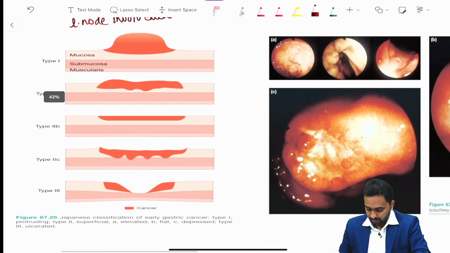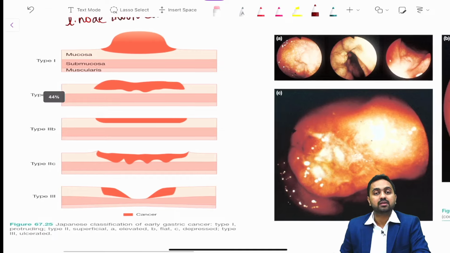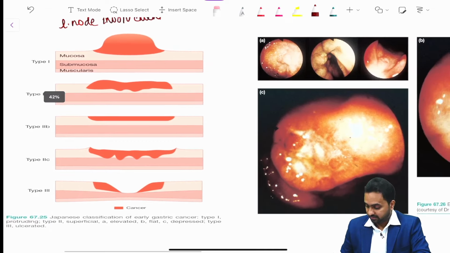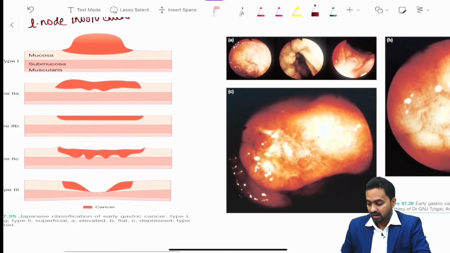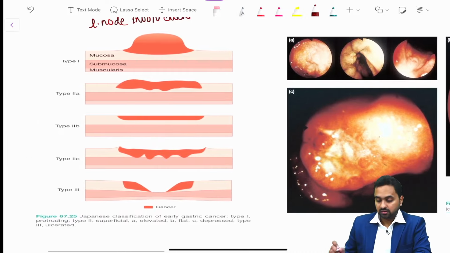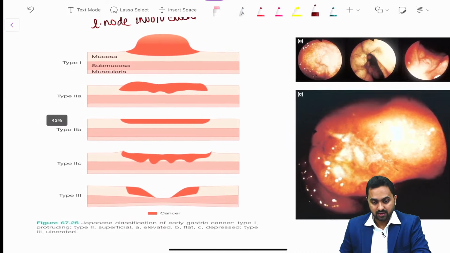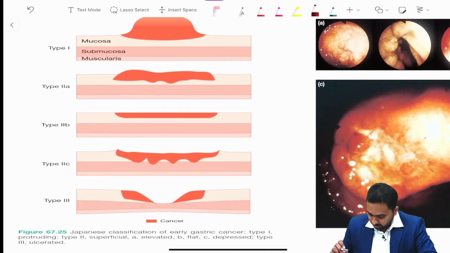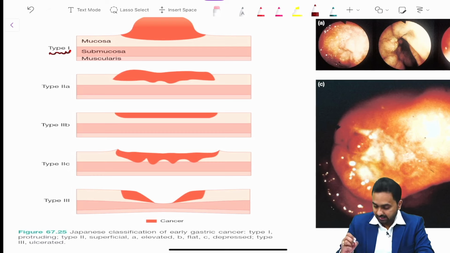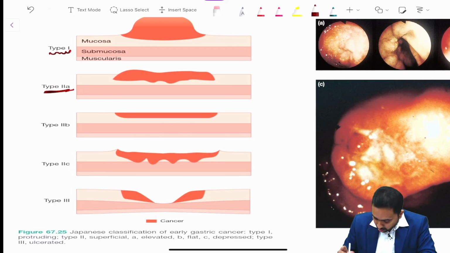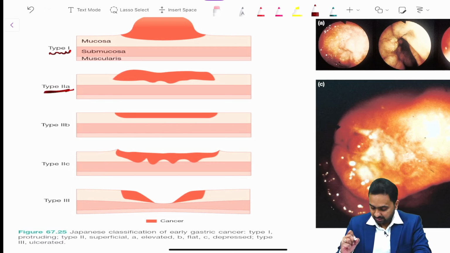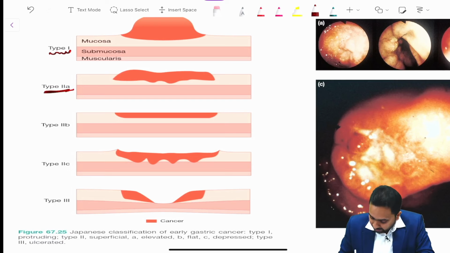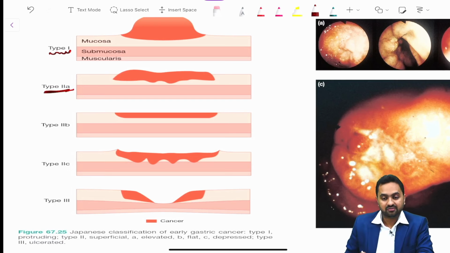On the left hand side, we have the diagrammatic representation of the Japanese classification, and on the right hand side we have endoscopic images of the various types of early gastric cancer. In type 1, we have the protruding type of early gastric cancer. Then type 2A is superficial elevated, and type 2B is superficial flat.